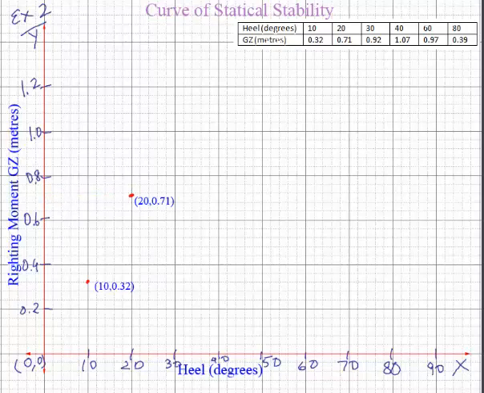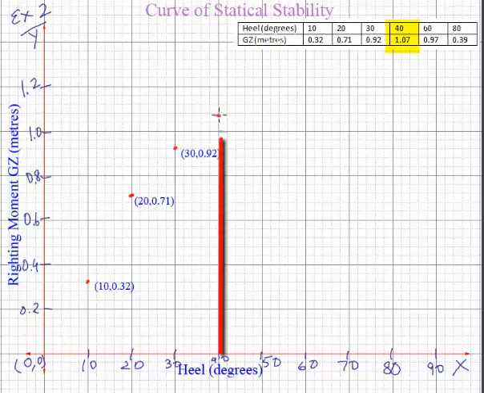And next is 30, 0.92, so x, and 0.92 again is in the middle of 0.8 and 1, sorry. Then we can find a point 0.92 over there.